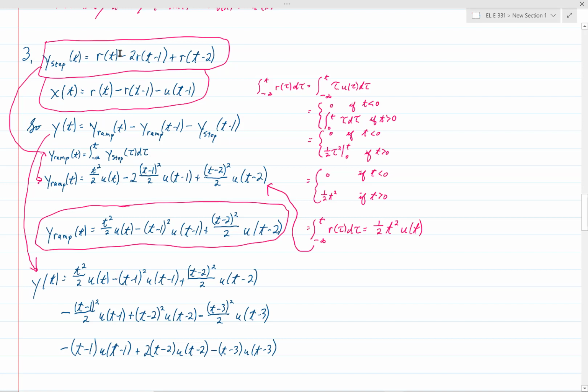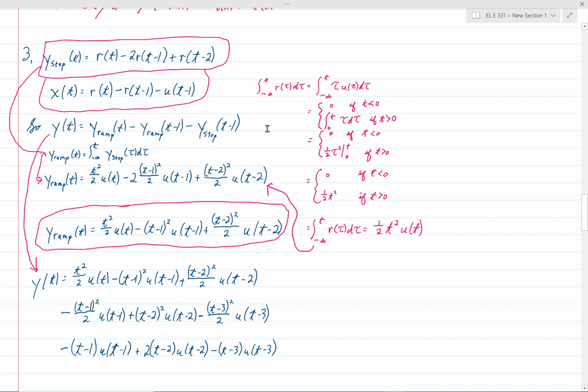Here's the integral of minus 2 r of t minus 1 right here. And here is the integral of r of t minus 2. And here I've just written down almost exactly the same thing. I just made one little simplification. I multiplied the 2 times this 1/2 right here. So here is the response of this system to a ramp of t. Here's the response of the system to the step of t.